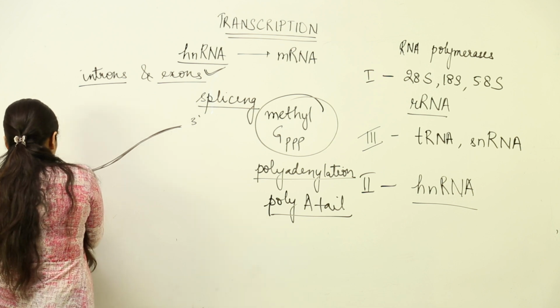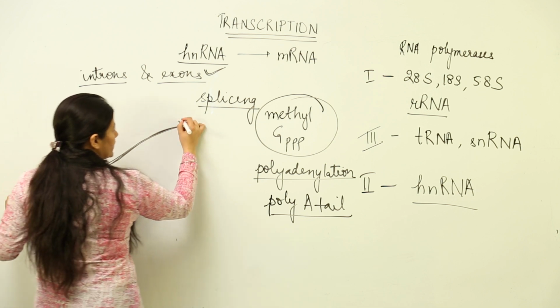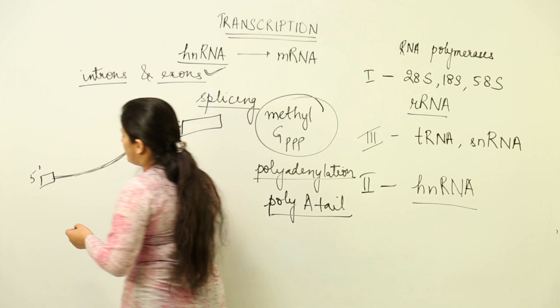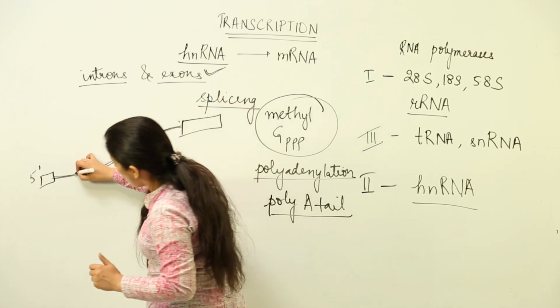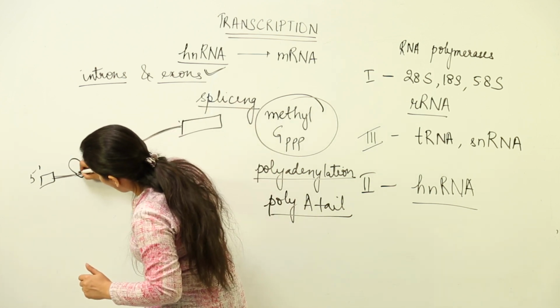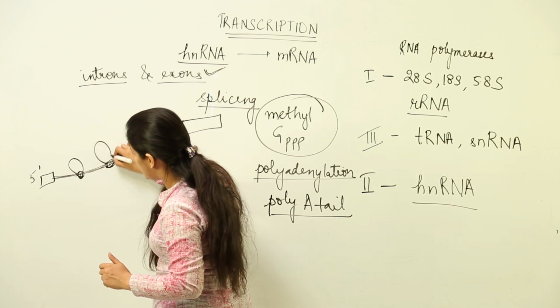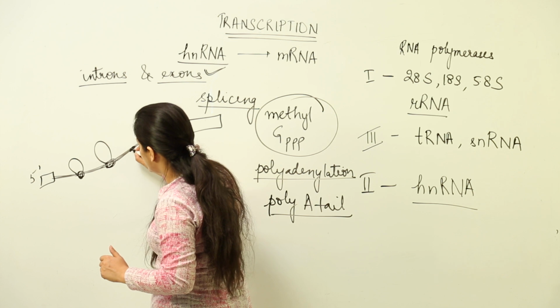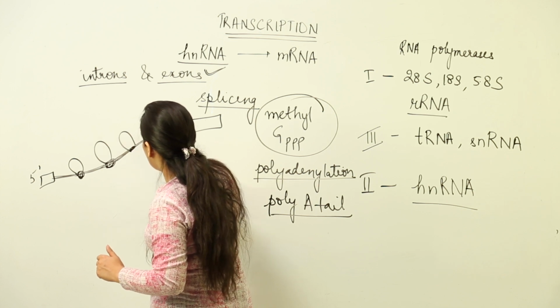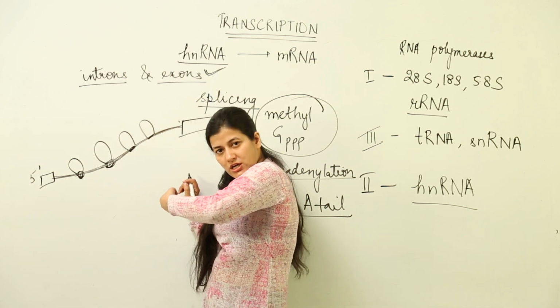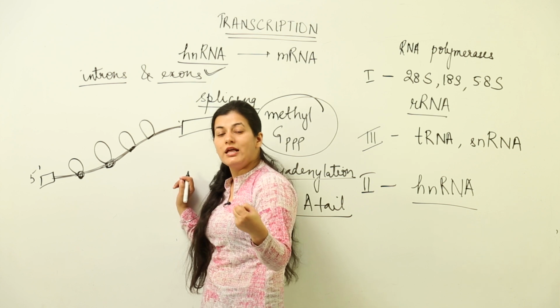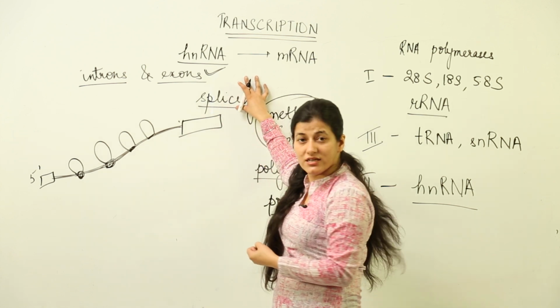Now, this is being added over here, this is being added over here, and this enables the spliceosomes to come and attach at the intron positions. Supposedly this is the intron position, the spliceosome comes and joins over here, then here, and they just take the introns away like magnets. That is known as splicing.